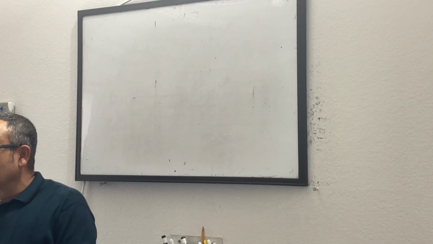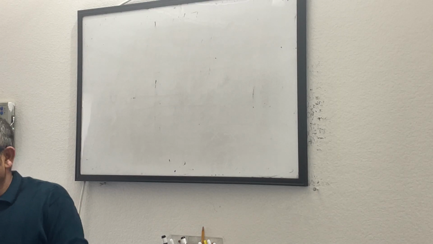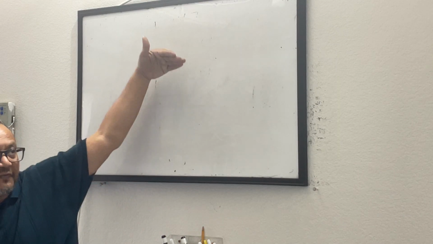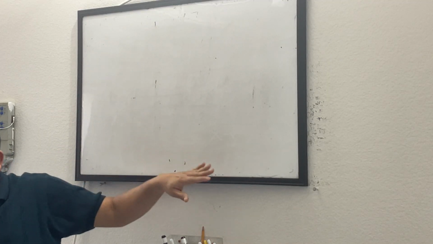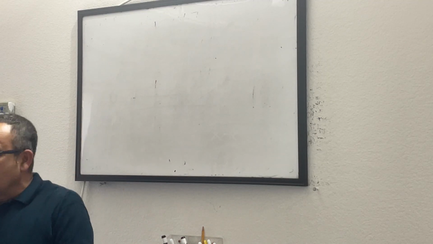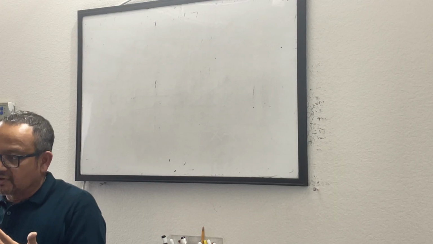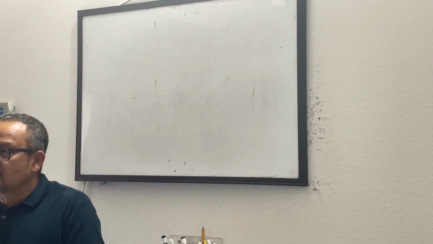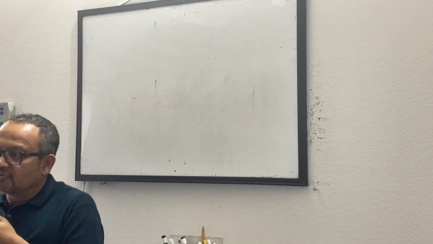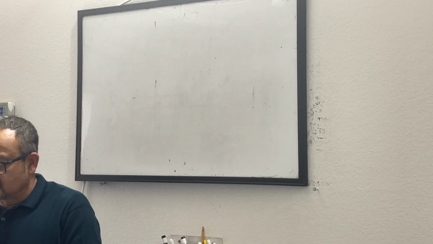Then we talked about reflection of a graph, meaning how the graph can be reflected across the x-axis or across the y-axis. And then we started talking about scaling the graph of a function. So that is where we will talk about scaling vertically or scaling horizontally.